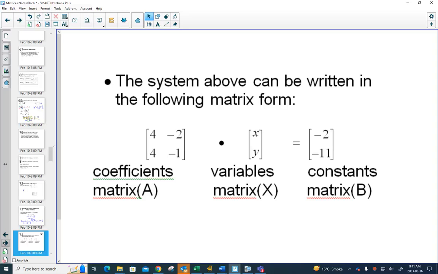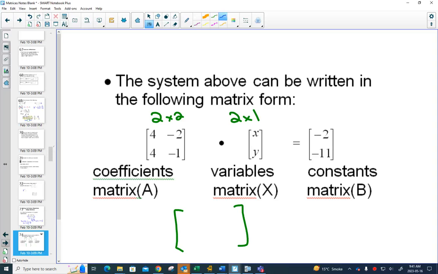Just to check, I want you to be aware that this is a 2x2 and this is a 2x1. Can you see that they could multiply together? How do you multiply matrices? If I multiply them together, I'm going to get a 2x1.